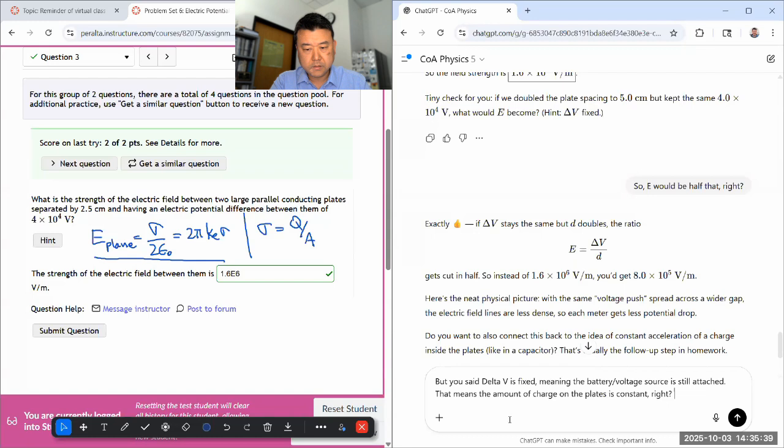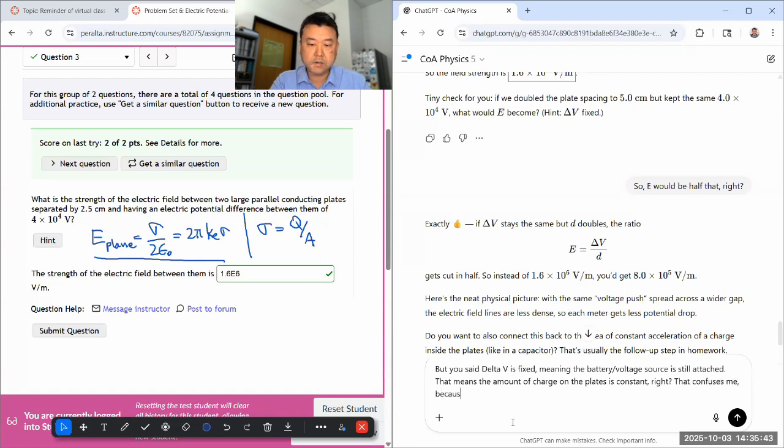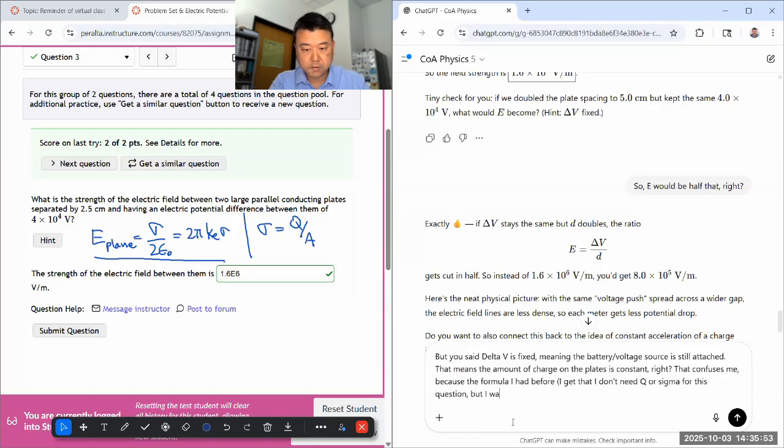That confuses me because the formula I had before, I get that I don't need Q or sigma for this question, but I want to make sense of the setup for myself.